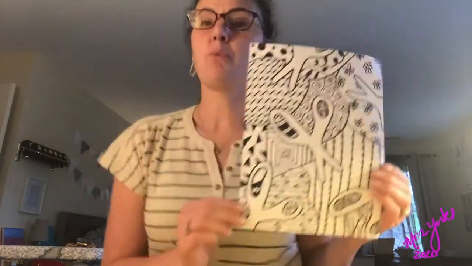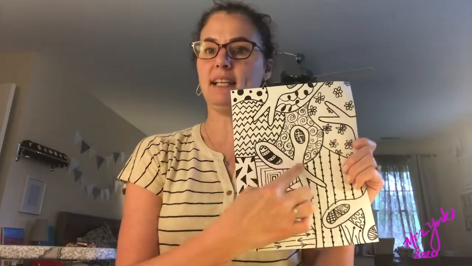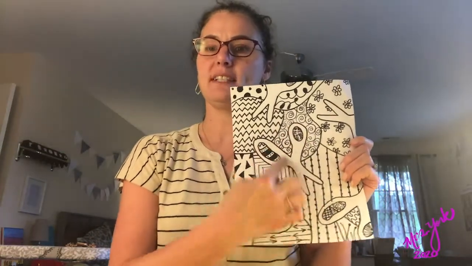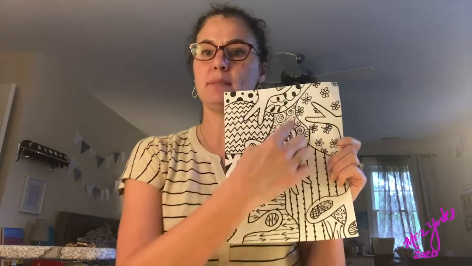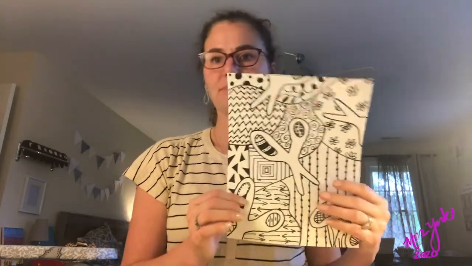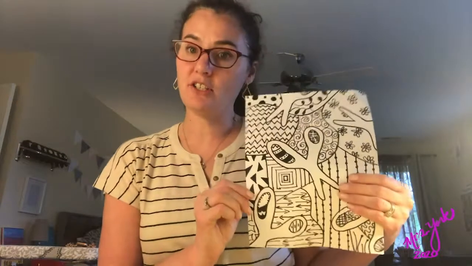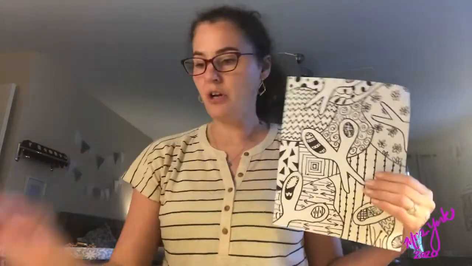When we look at this example, the positive space is these scissors. The negative space is all of these patterns around them. So: positive space, negative space.